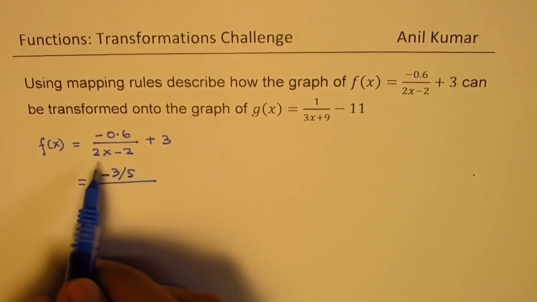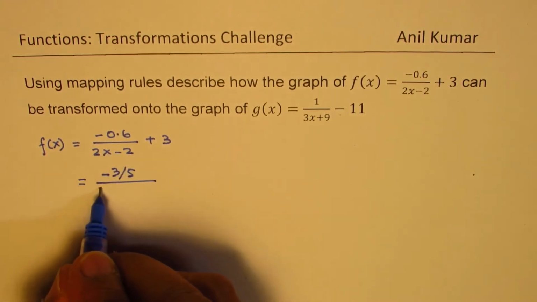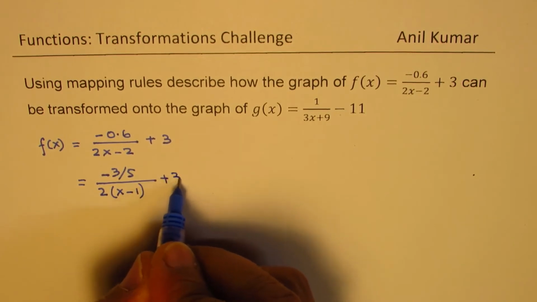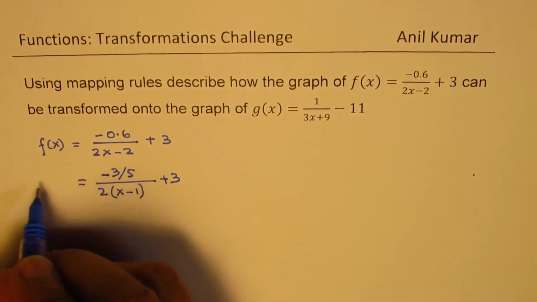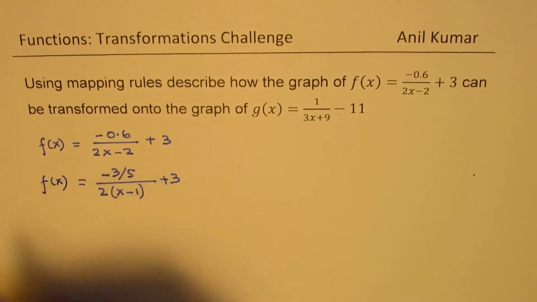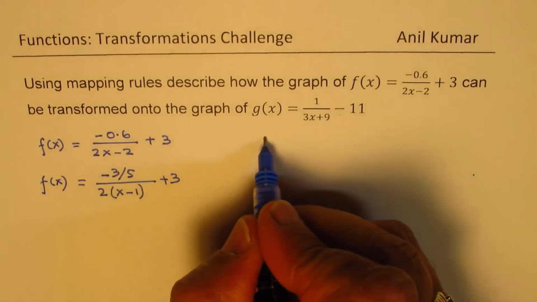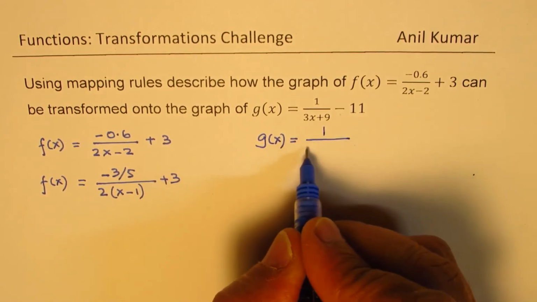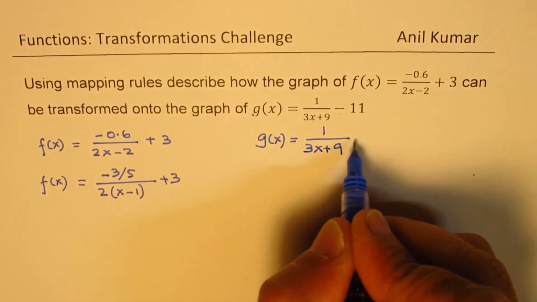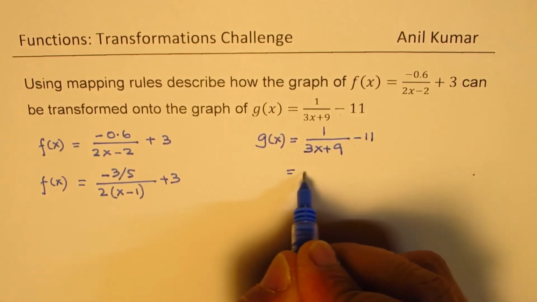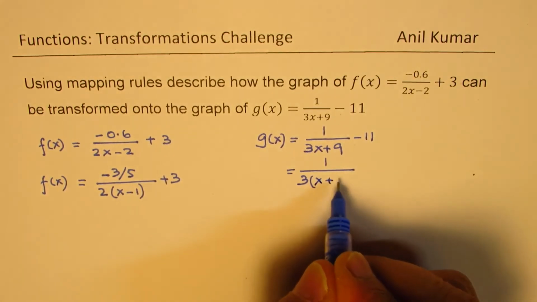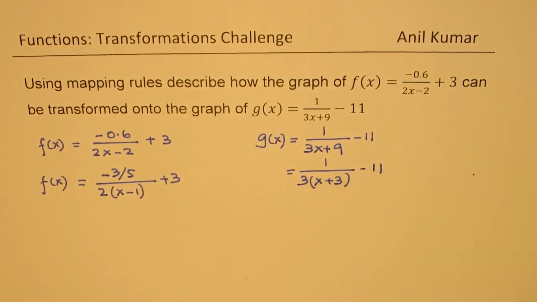In the denominator, you can take 2 common so that you can describe the transformations properly. So that is how you could write your function f of x. Perfect. Now, g of x is given to us as 1 over 3x plus 9 minus 11. Here we can take 3 common in the denominator, x plus 3 minus 11. Clear? That is the first step.